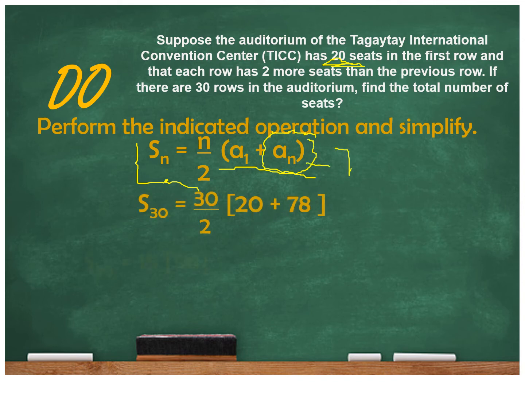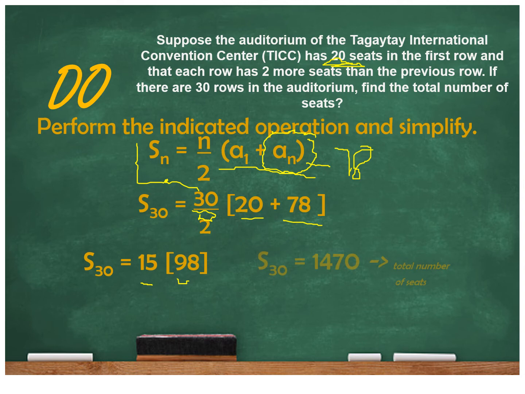So, instead of having the long formula, since we already know that the last term is 78, we can use this. n is 30, that's the number of rows. So 30 divided by 2 is 15. And the first term is 20 plus the last term 78, that is 98. 15 times 98 is 1,470 as the total number of seats.